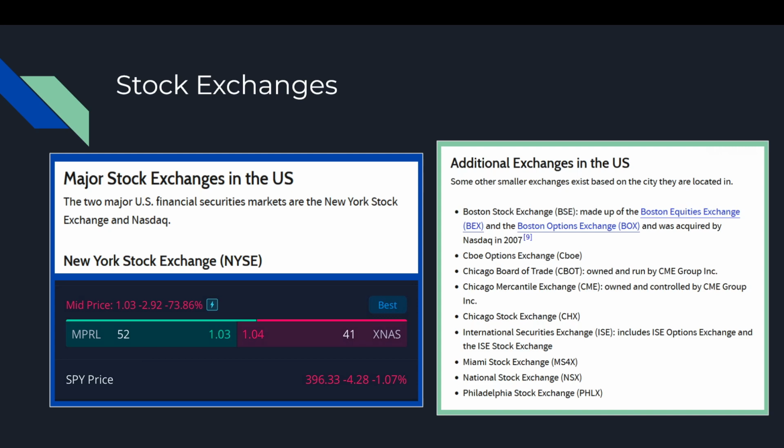Almost every major city in the U.S. has their own stock exchange. 50, 60 years ago, it just used to be New York, London, Shanghai. Now we have all these different ones because it makes it easier to buy and sell equities from various locations in the U.S. since everyone has access to buying those. So the two major ones, as I said, New York and NASDAQ.